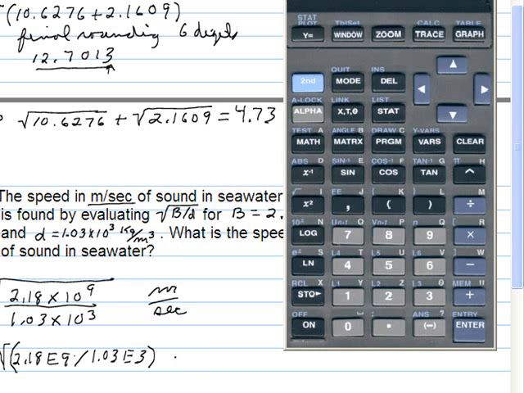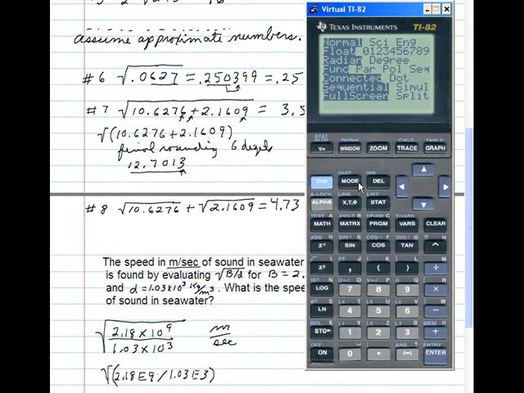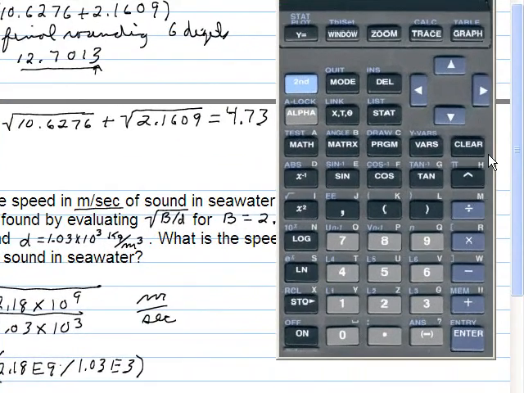Now, if you want that to be an E3 answer, if you want to see it in terms of the E notation, you could just go to the scientific notation mode. You'd hit your mode key on your calculator. You'd go up here and change the cursor to where it was over scientific, so you'd arrow to the right and hit enter, and that would keep the cursor there on scientific notation.